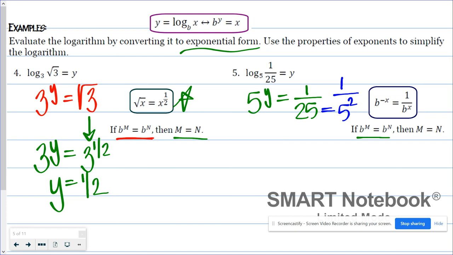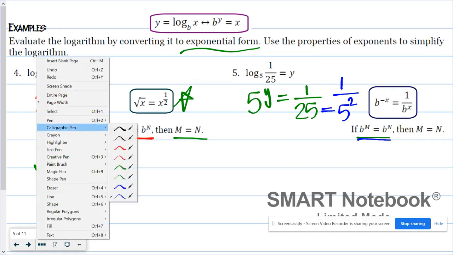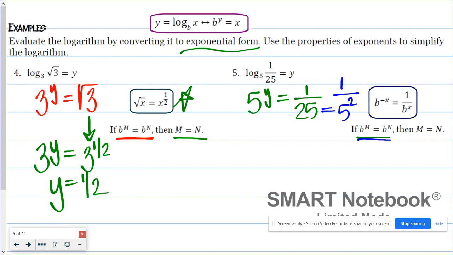But remember, I have to have the bases be the same before I can say the exponents are equal. That's where this fraction rule we were talking about earlier comes into play, because I can rewrite 1/5 squared as 5 to the -2nd power. Remember, my goal is to get the bases to be the same. So I want on both sides of my equation base 5.